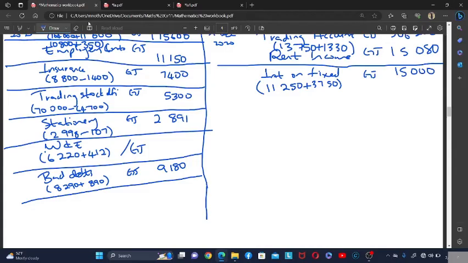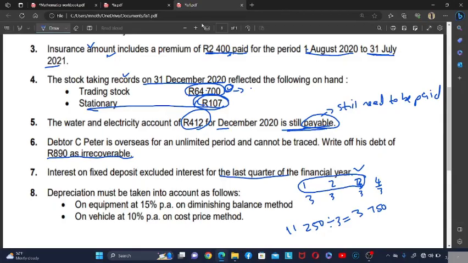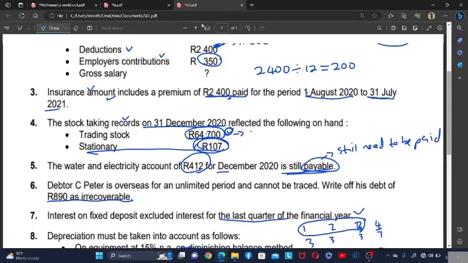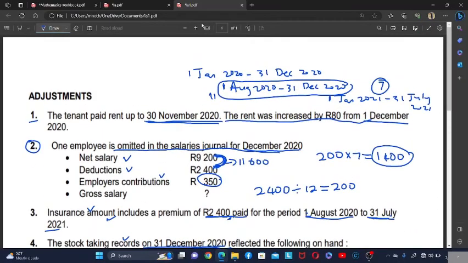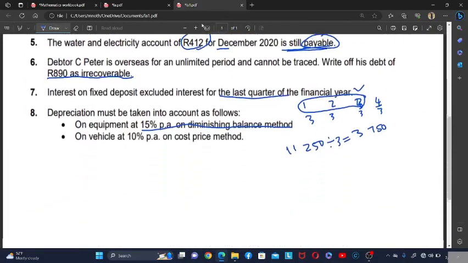Okay, and then number 8, depreciation must be taken into account as follows. Equipment, 15% per annum on the diminishing balance method. So if we are using the diminishing balance method, we must say cost minus accumulated.